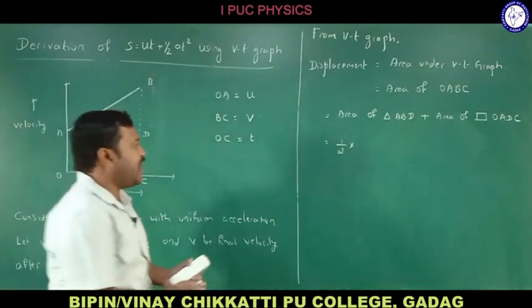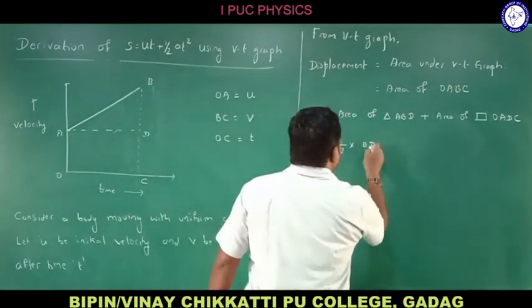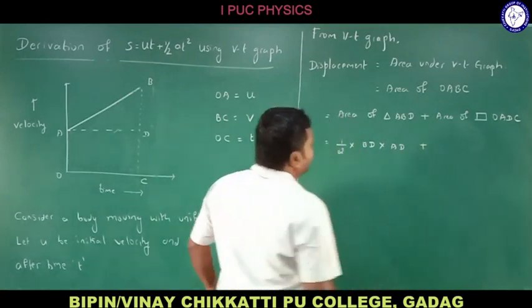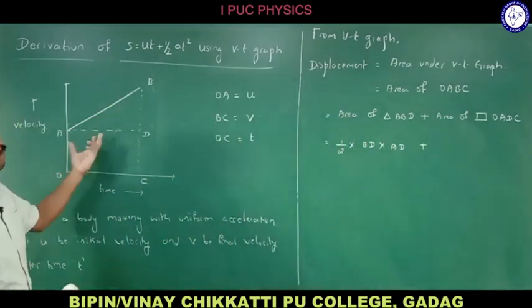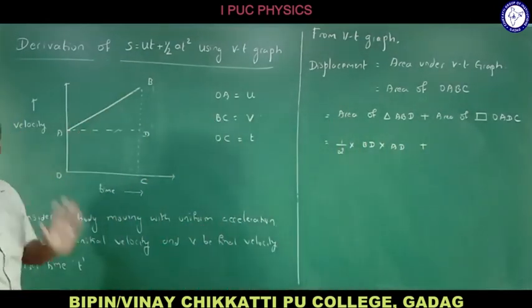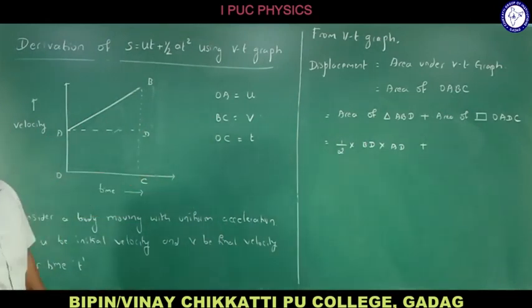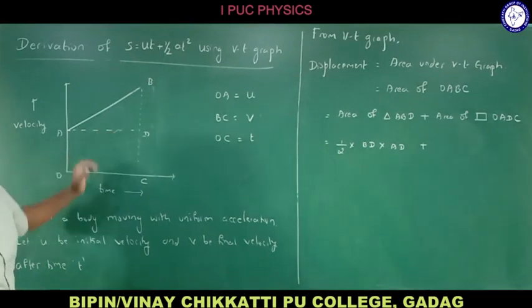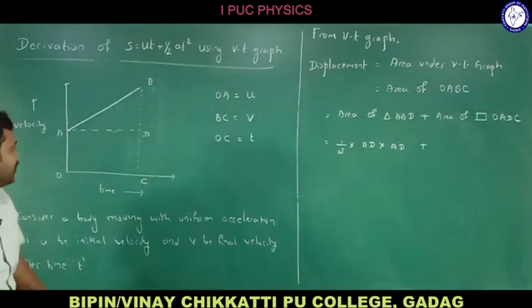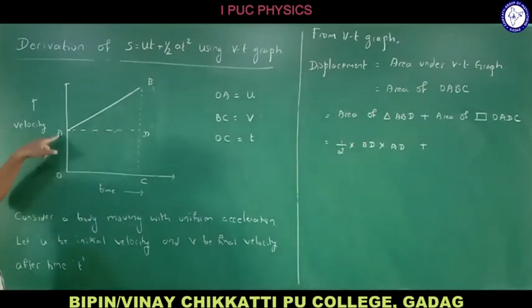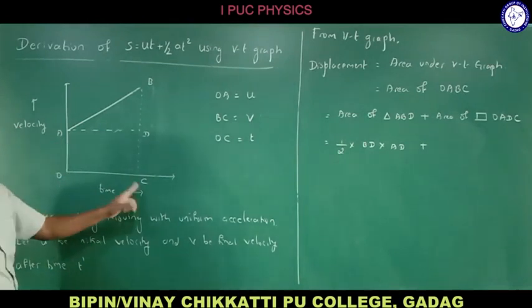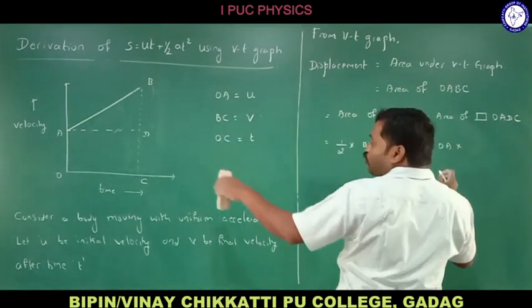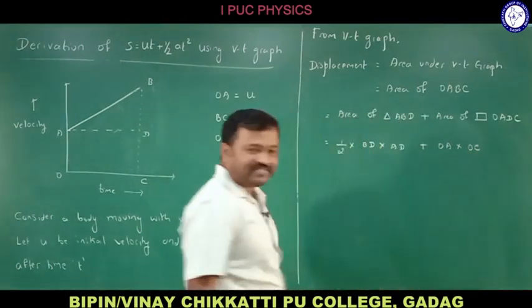Plus, now what is the area of rectangle OADC? This is a rectangle. The area of the rectangle is length into breadth, that is OA into OC.